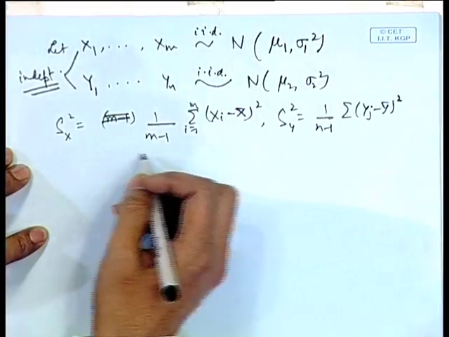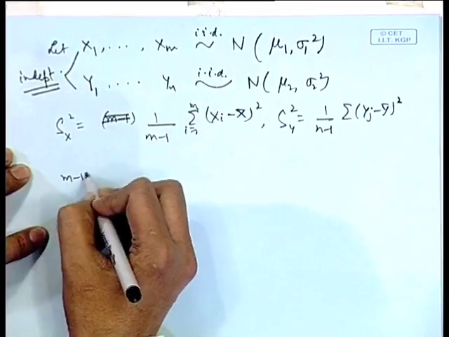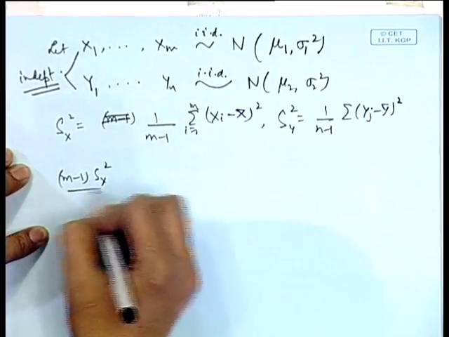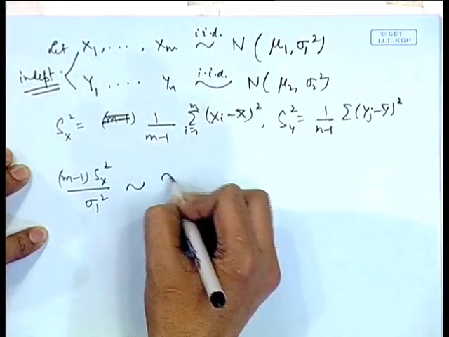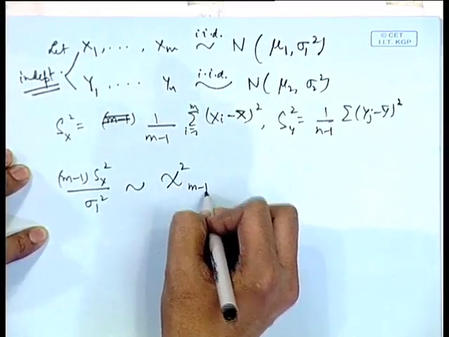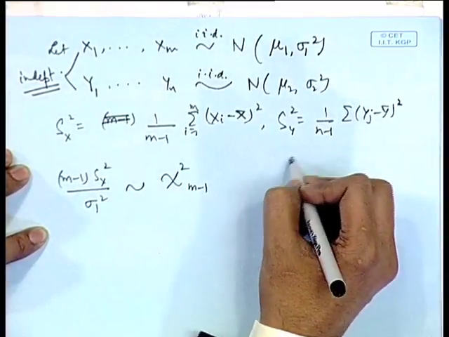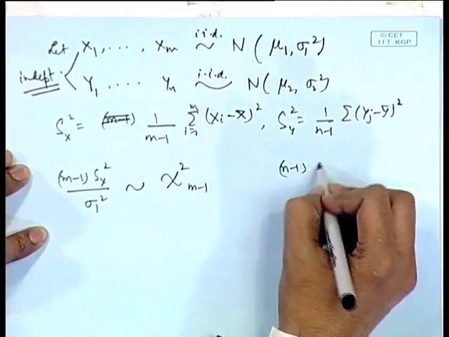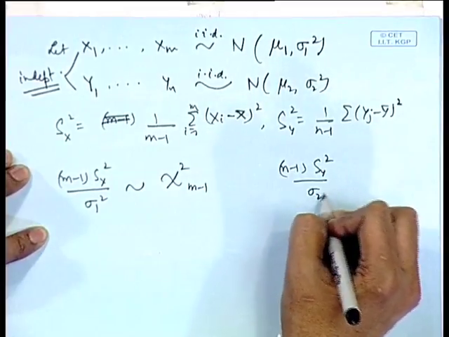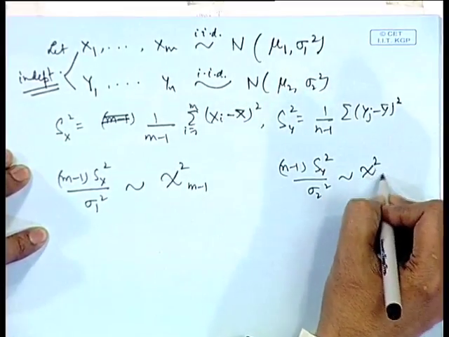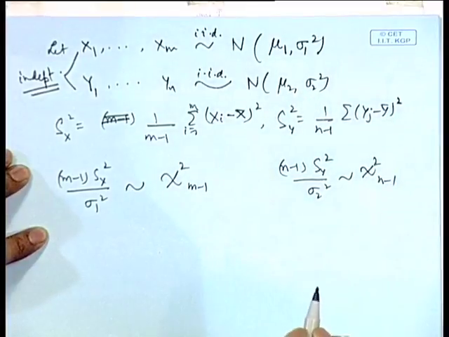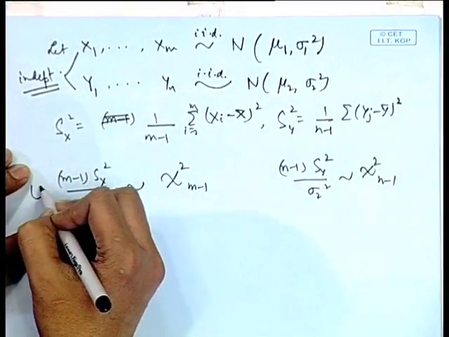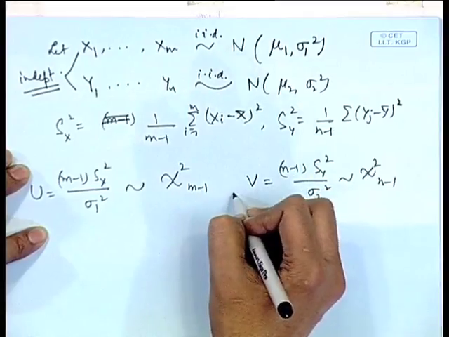Then by the theory of chi-square, m minus 1 S x square by sigma 1 square follows chi-square distribution on m minus 1 degrees of freedom, and n minus 1 S y square by sigma 2 square follows chi-square distribution on n minus 1 degrees of freedom. Let me call it say u variable and this as the v variable.